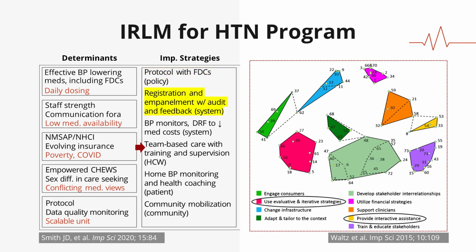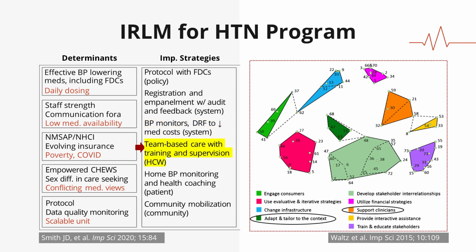Next, for the implementation strategy of registration and empanelment, you can see that this relates to using evaluative and iterative strategies, as well as training and educating stakeholders. For the provision of blood pressure monitors and the drug revolving fund, this relates to changing the infrastructure and utilizing financial strategies to reduce those out-of-pocket costs.